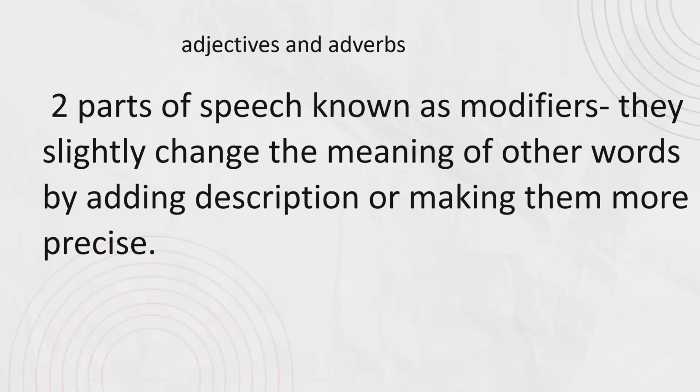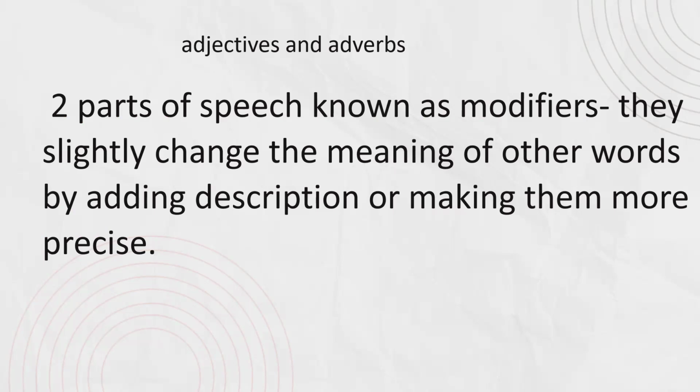So we have two parts of speech known as modifiers. We're going to talk about adjectives, adverbs, and verbals this morning. So we will focus more on adjectives and adverbs. It's very simple. You don't have to complicate things. When we say adjectives, they are words that describe nouns. What are nouns again?